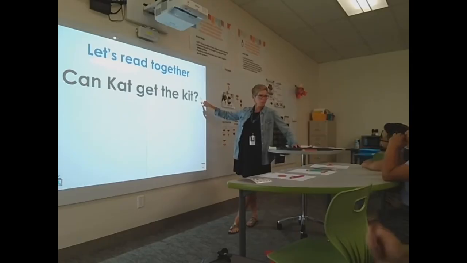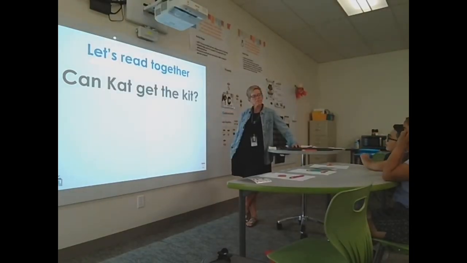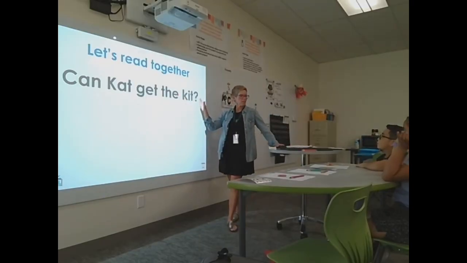Oh, this punctuation mark tells me something as a reader. What does it tell me, RJ? It means can, like. Why is this here? Because they don't know if he can get the kit. The author is doing what? Why did the author put this here?